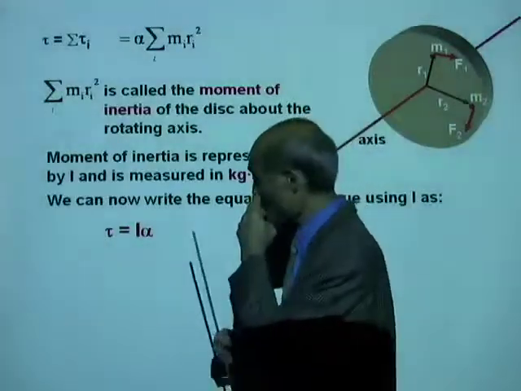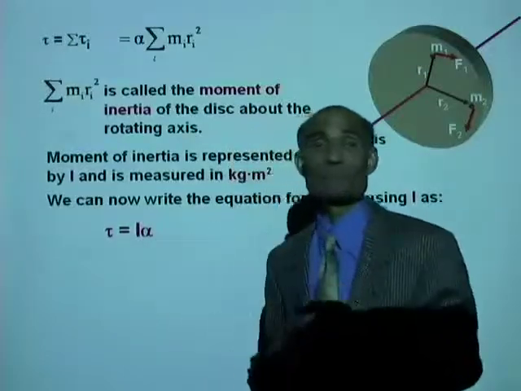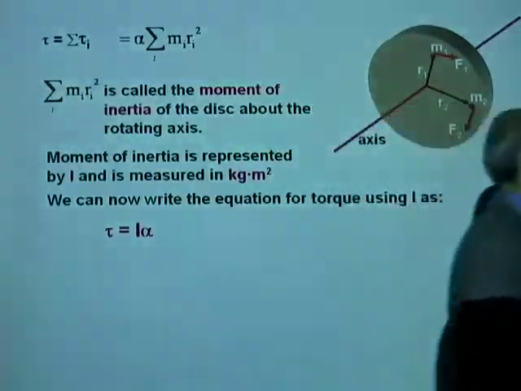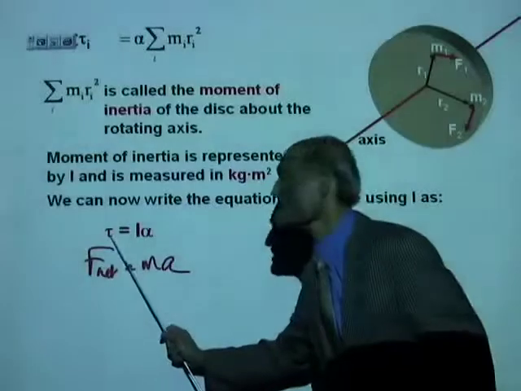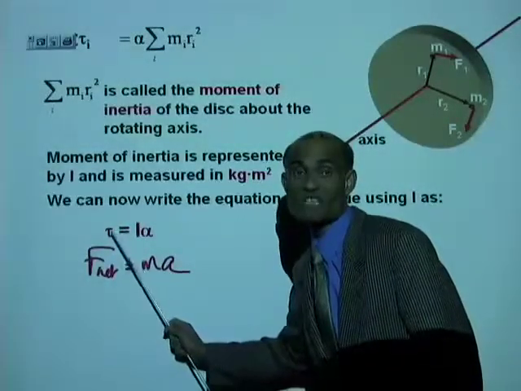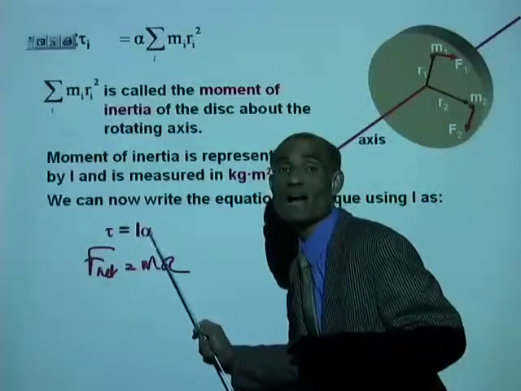Alright, in that case tell me, what is the role of this I, the moment of inertia? If you noticed, in linear motion our equation is F net equal to ma. In rotational motion, that equation becomes tau net. The net torque is equal to I alpha.